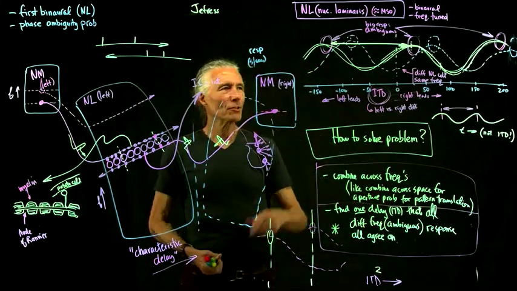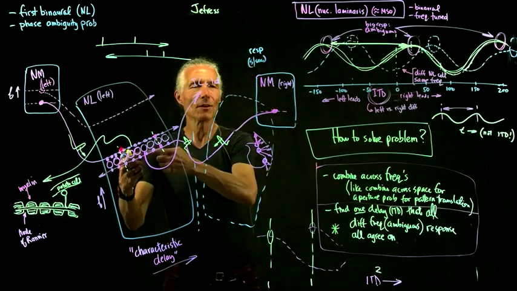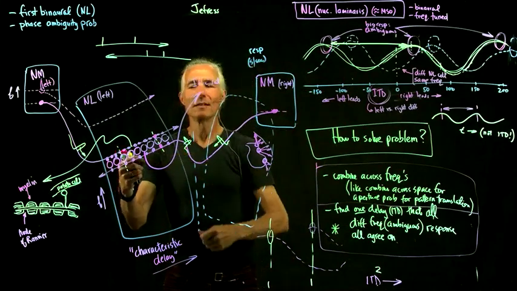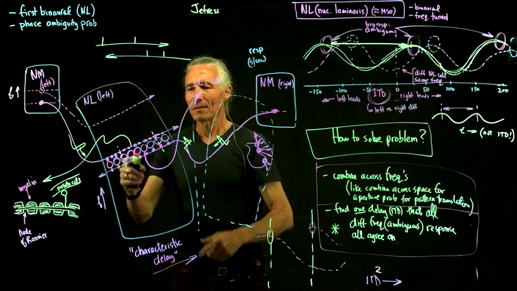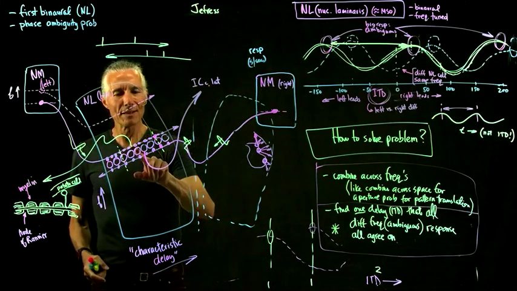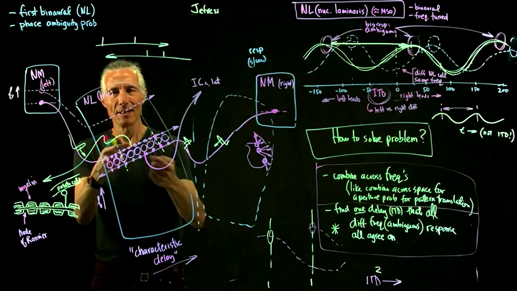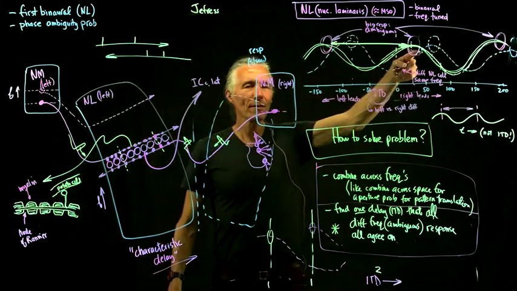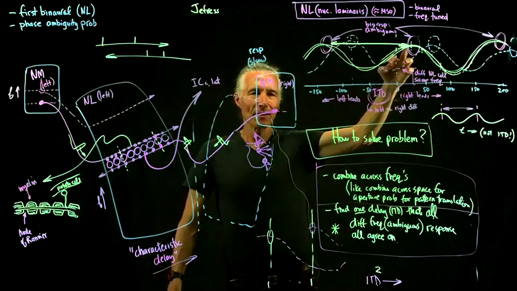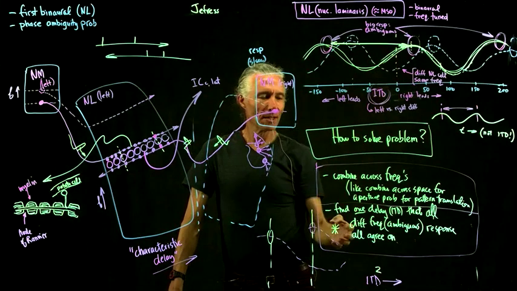If you just had one single coincidence detector, say you just had one cell and none of these other guys with different characteristic delays, you just end up with one of these curves. And it turns out that's not enough information to solve this problem.